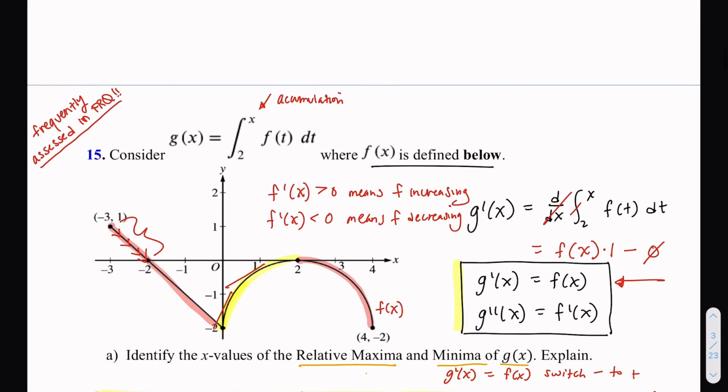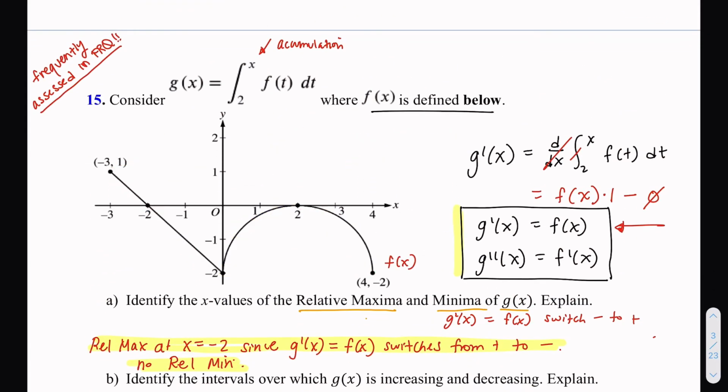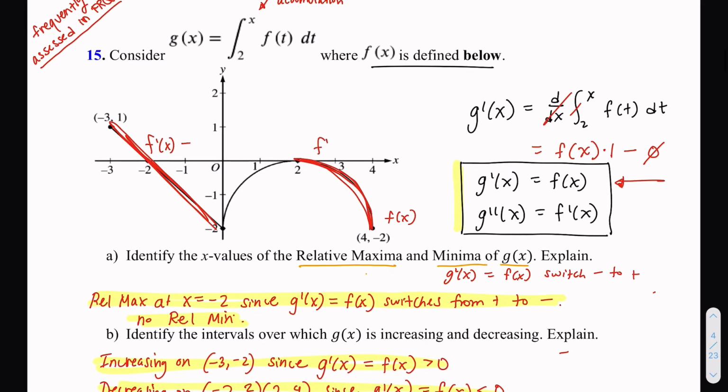Let's see where f prime switches signs. Okay, on this region, f prime of x is negative. f is also decreasing from here to here, meaning that the slopes are negative here as well. In this region, though, f prime is positive, since the slopes are positive and the graph is increasing.